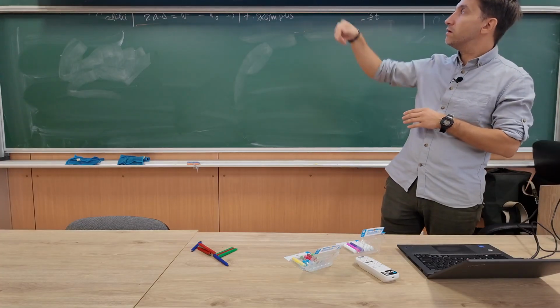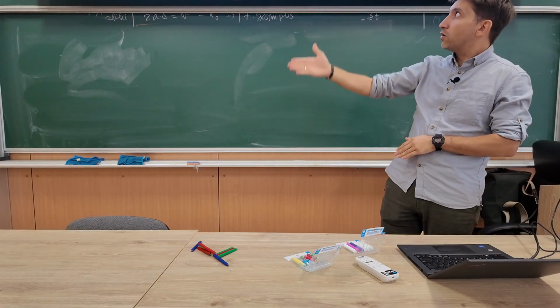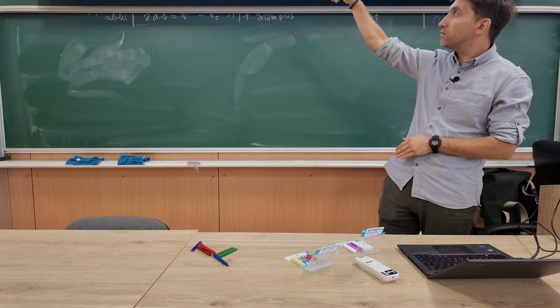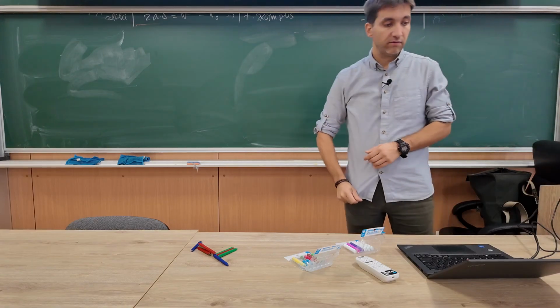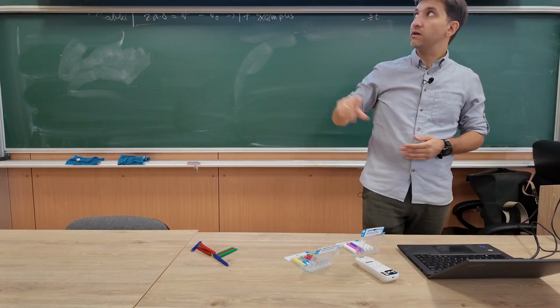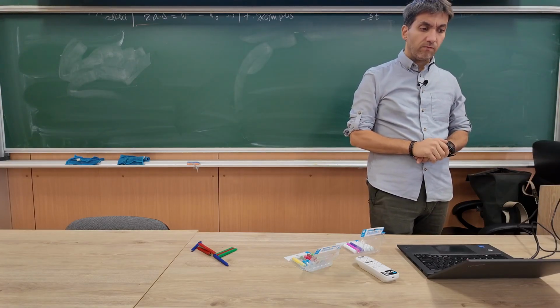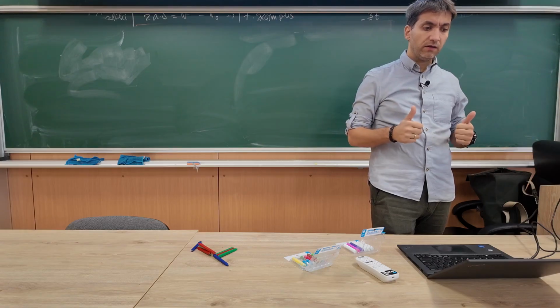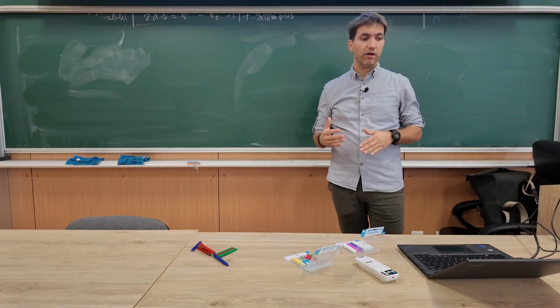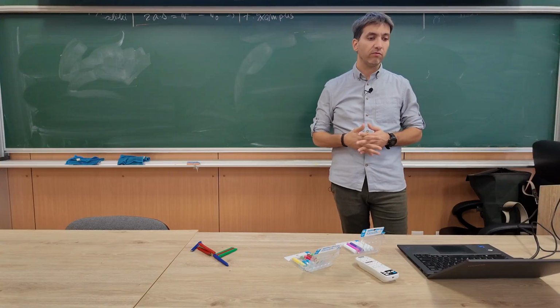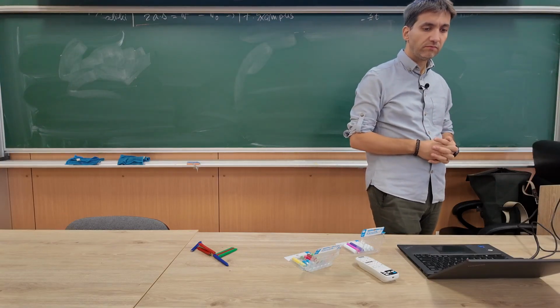Basically, this green part can only translate along this axis relative to the parent, the red one. Again, this kind of joint can add 1 degree of freedom to a robot.